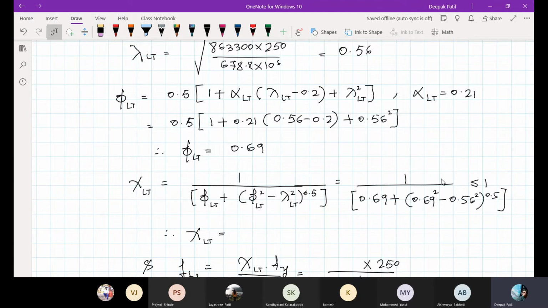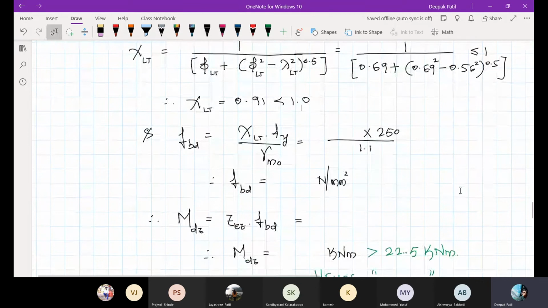So I should do the inverse of that. So Xi LT I'm getting 0.91 and it is less than 1. So it is okay. Now you can calculate the FBD, that is Xi LT, 0.91 times Fy divided by gamma m naught. So 0.91 into 250 divided by 1.1. So I'm getting 206.81.